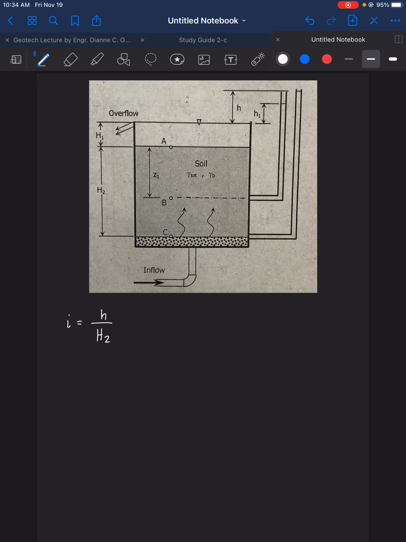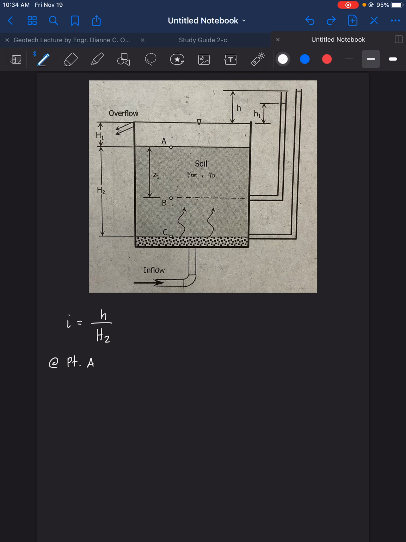Next, we get the point A. Let's find the P total at point A. So point A here is this one here, and take note that this portion H1 is water and H2 is soil.